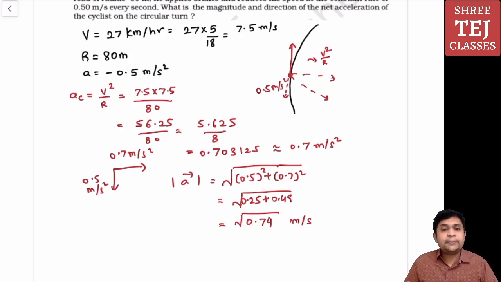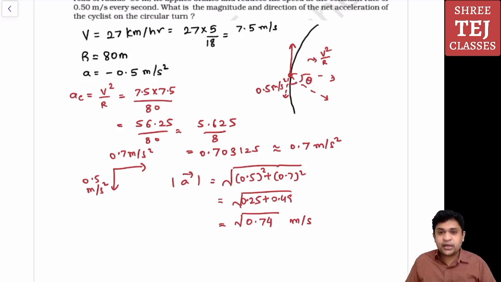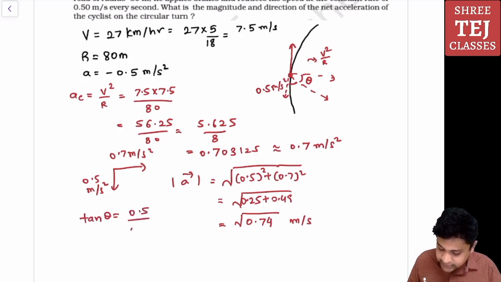It would be at an angle, so let's say this angle is theta from the direction of the center. So tan theta is 0.5 upon 0.7, which will be 5 by 7.